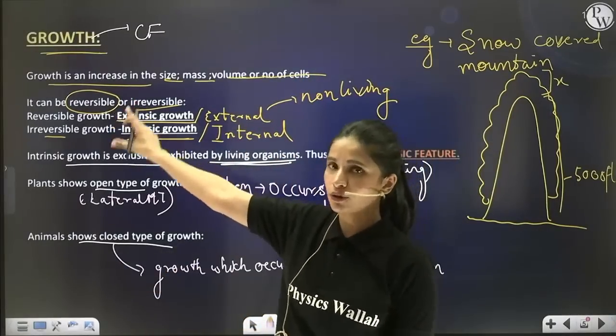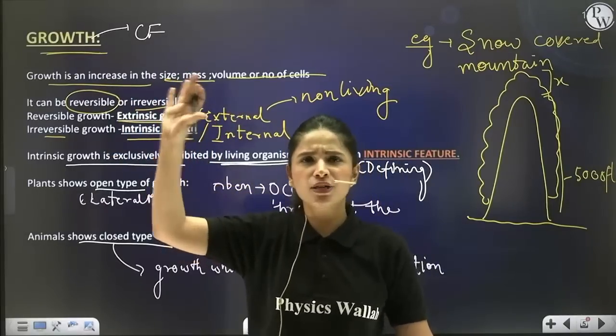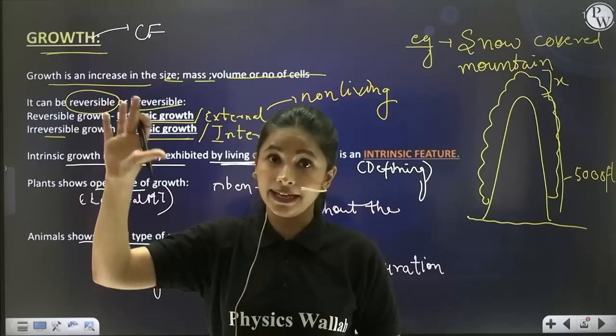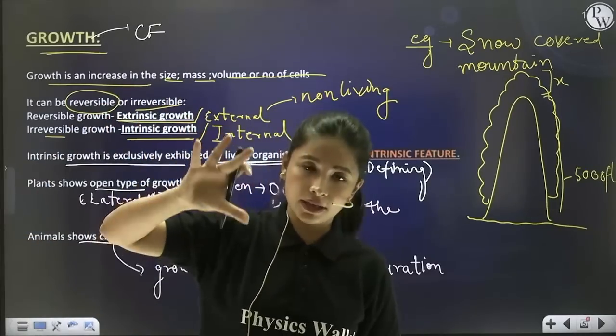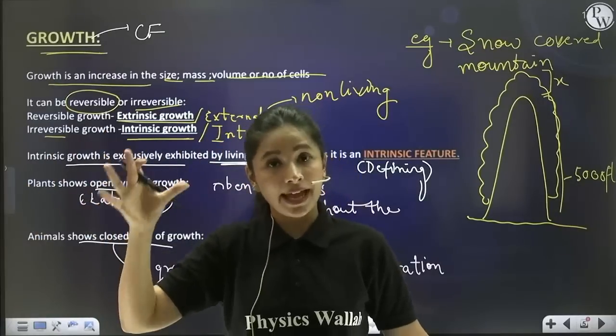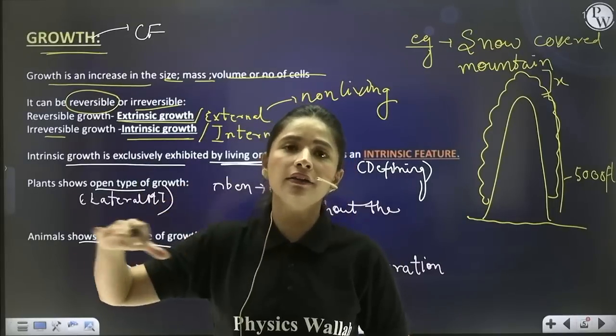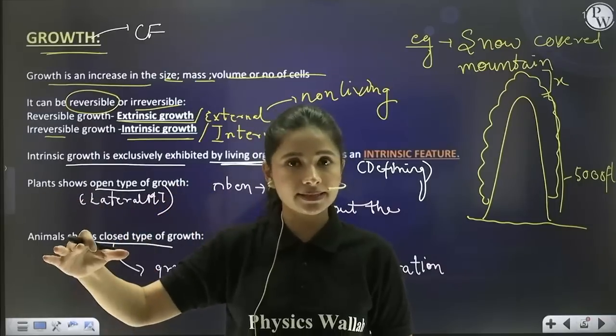What is growth? Growth is a characteristic feature. It is increase in the size, mass, volume or number of cells. It can be of two types: reversible, irreversible, extrinsic and intrinsic. Extrinsic by non-living, intrinsic by all living organisms without any exception.